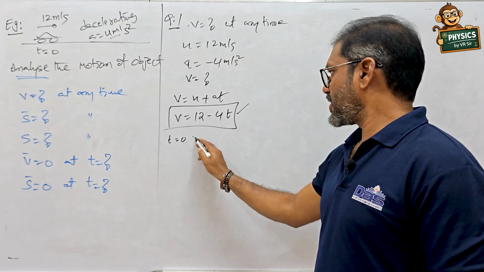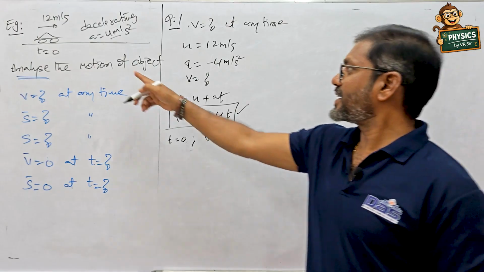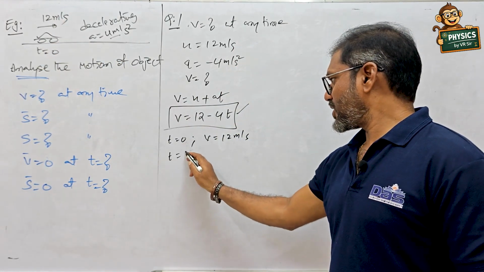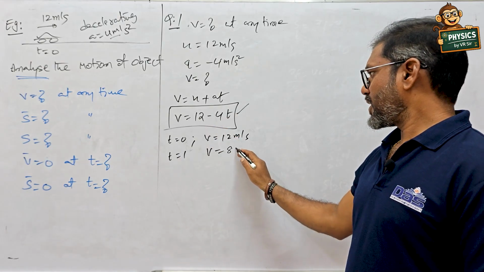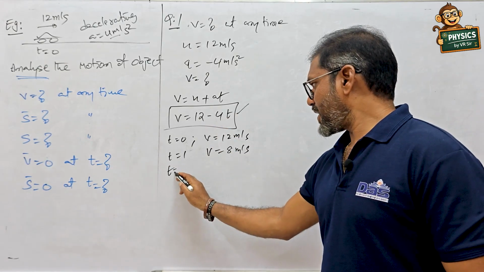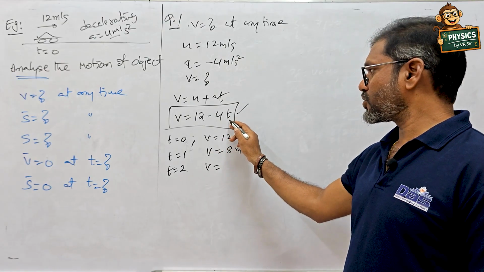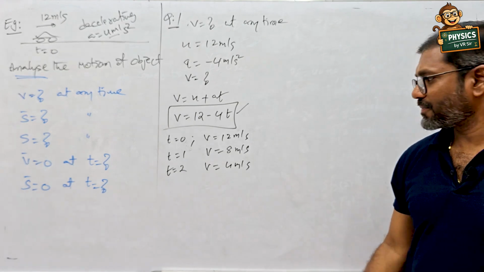Now at t is equivalent to 0, v is equivalent to 12 meters per second. It's already given. That is the initial velocity, isn't it? Now at t is equivalent to 1, velocity is equivalent to 12 minus 4, that is 8 meters per second. At t equivalent to 2, velocity is 12 minus 8, 4 meters per second. Hope you are following.